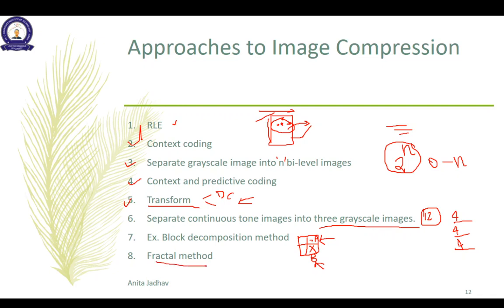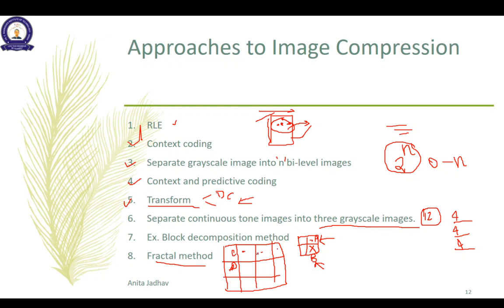Then one more thing you have is the fractal method, which is also used very commonly with image compression. What is the fractal method? It says that you divide your image into smaller boxes, and go on dividing. Suppose you have processed four parts and you come to the fifth part. You try to match this fifth part to some of these four parts.